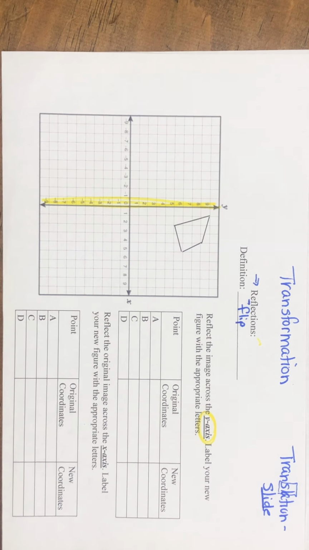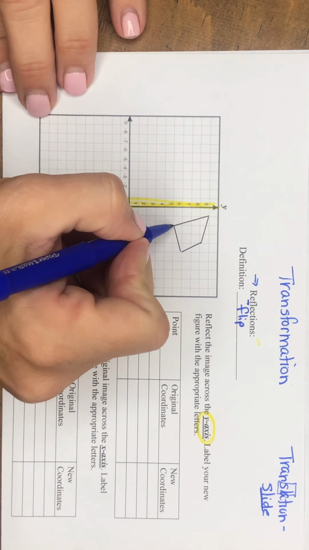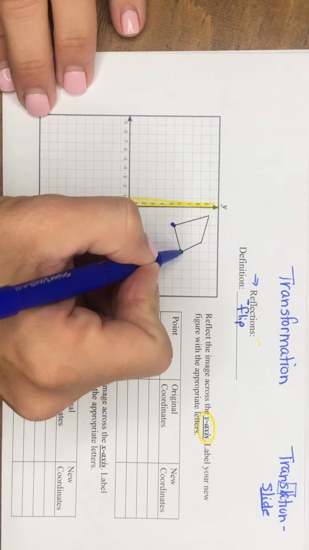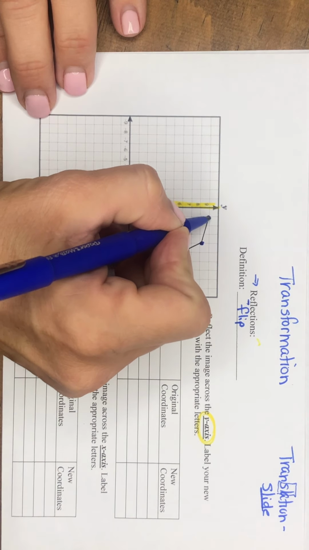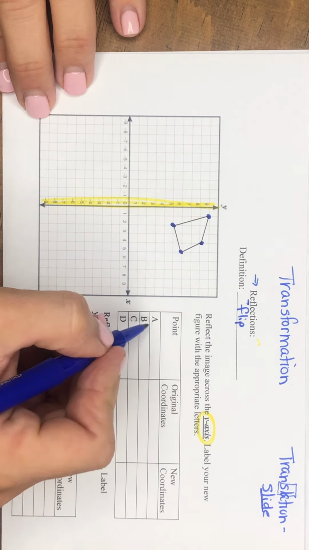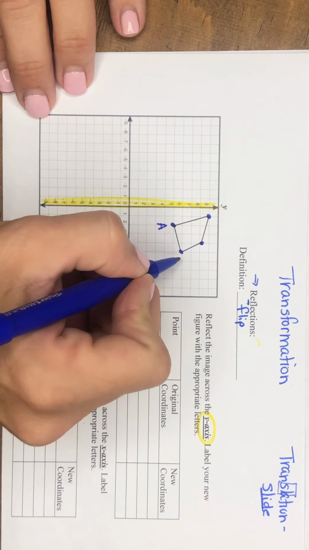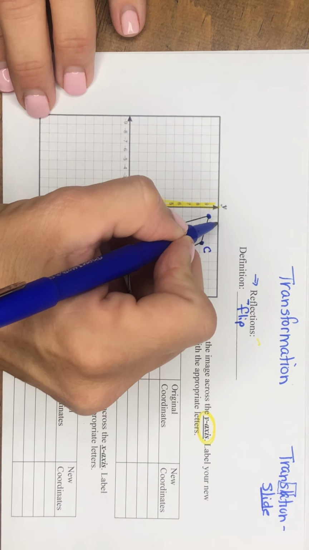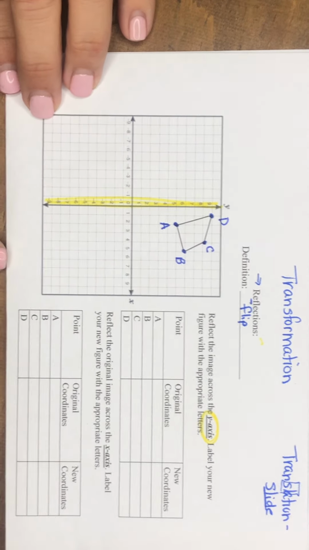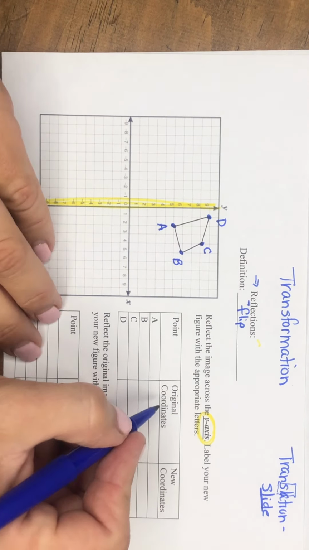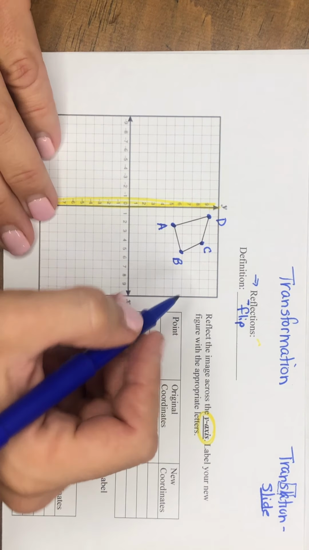Okay? So the first thing you want to do when you're flipping a whole figure, this particular figure doesn't have the points listed, so we're going to go ahead and label them A, B, C, D. I'm going to go ahead and put the coordinates for the original. This is the pre-image.